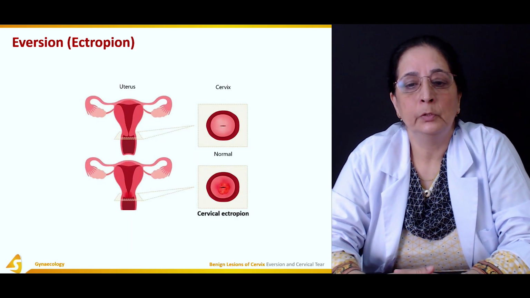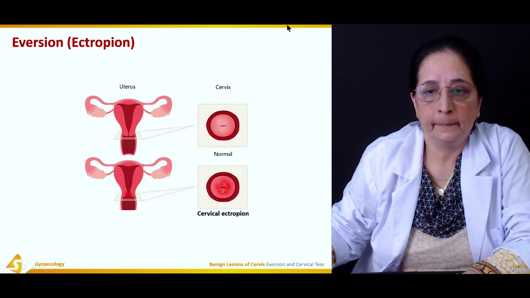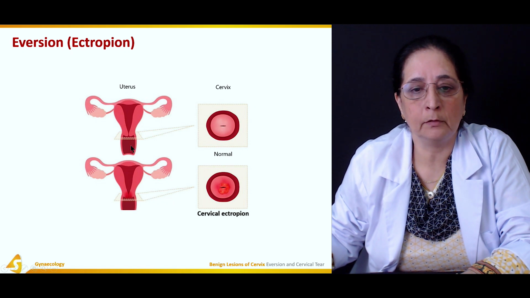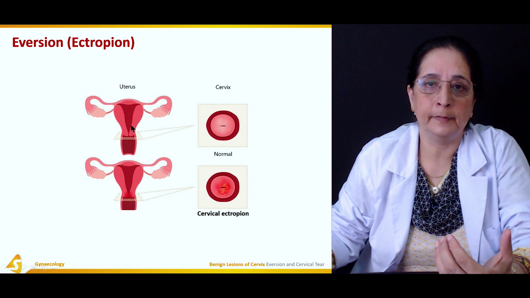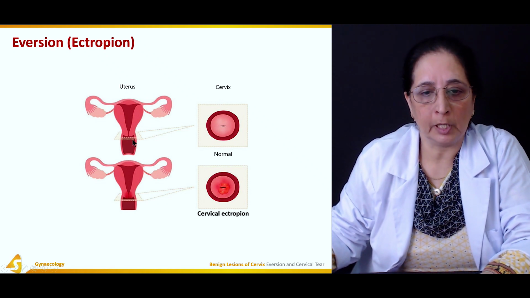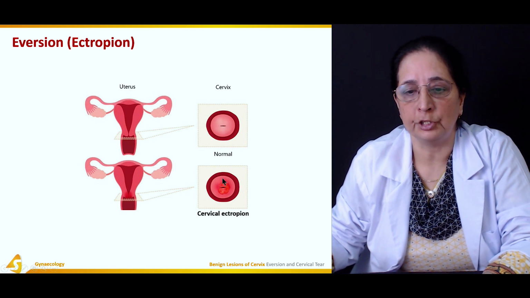Eversion is also known as ectopy. This is the normal cervix here. This is the cervical region. The cervix is the lower portion of the uterus and it opens into the vagina. This is the normal cervix, and this is the cervix with the ectopy or eversion.